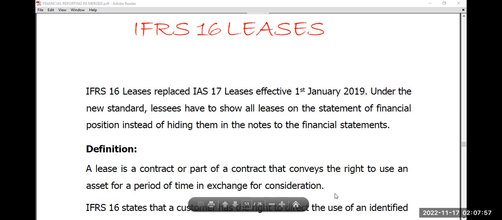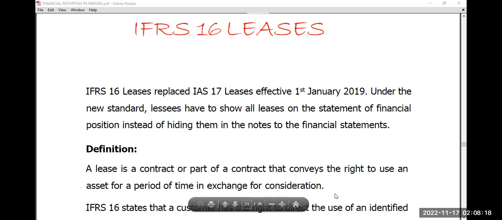And when we are talking about these leases, mainly we are talking about these long-term assets that can have a useful life that exceeds 2 years.